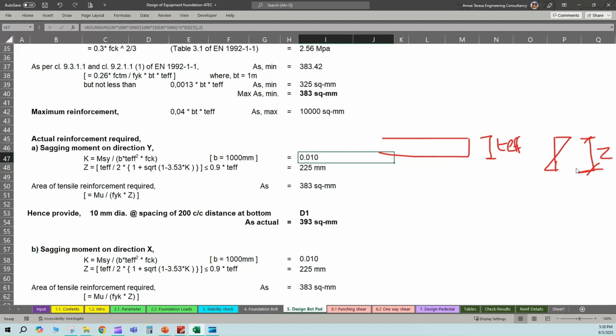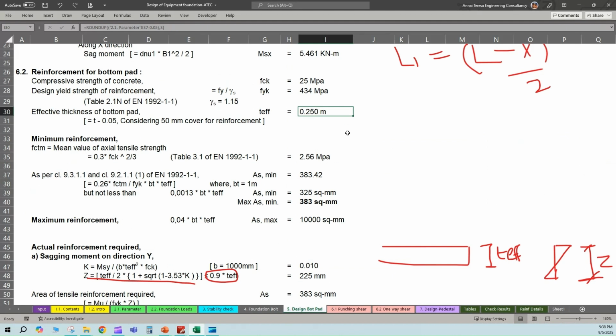In no case should this lever arm distance go beyond 90% of the total effective thickness. So that is how this equation is formed. Here K equals M Ed, the moment, and b we are going to consider as a 1 meter strip, and t effective we already calculated as 250 mm.